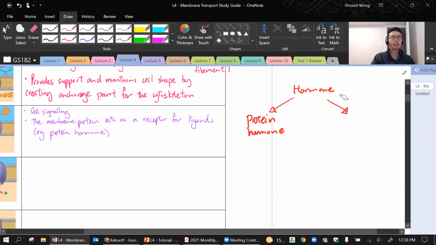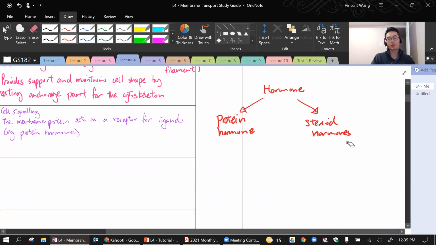which are like insulin. That's the example we use. And then there are the lipid ones, which is like the testosterone and the estrogen that is mentioned. So those are steroid hormones. Now, steroid hormones are lipid, and the phospholipid bilayer also has a thick layer of lipids, hydrophobic tails in between.